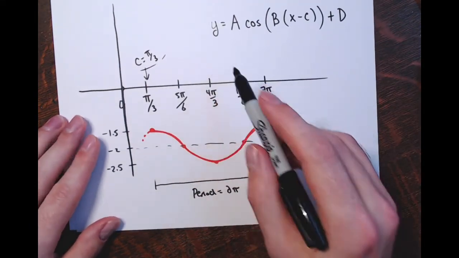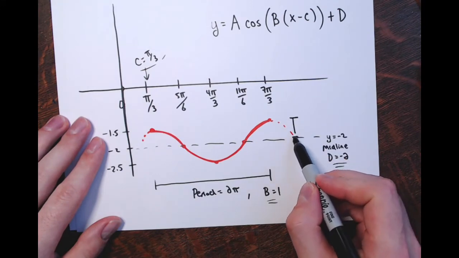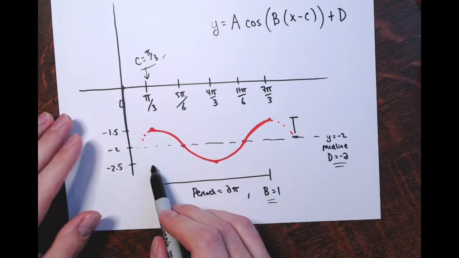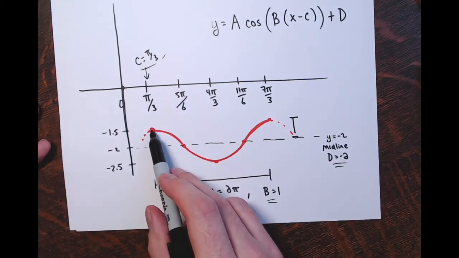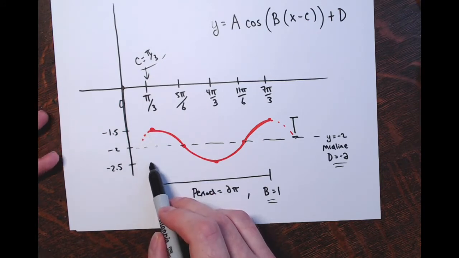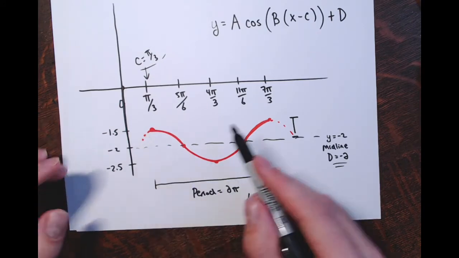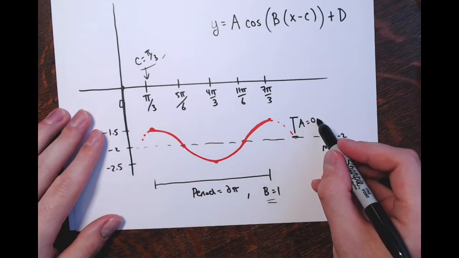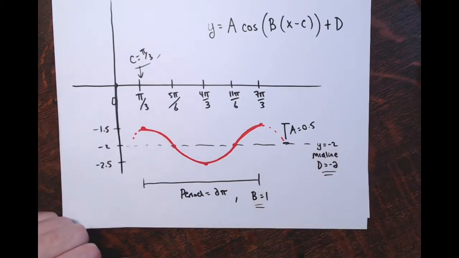A is the amplitude. Now again, you can take the highest value minus the lowest value. How far apart is 1.5 and 2.5? That's 1 unit. Then cut it in half. The amplitude is a half a unit. Right? 0.5 or 1/2. And would that be positive or negative?